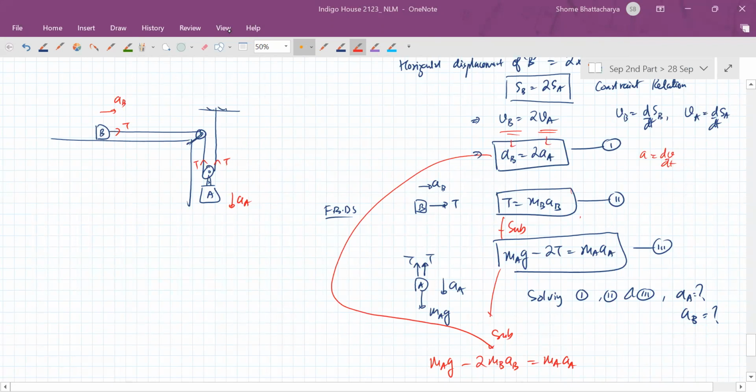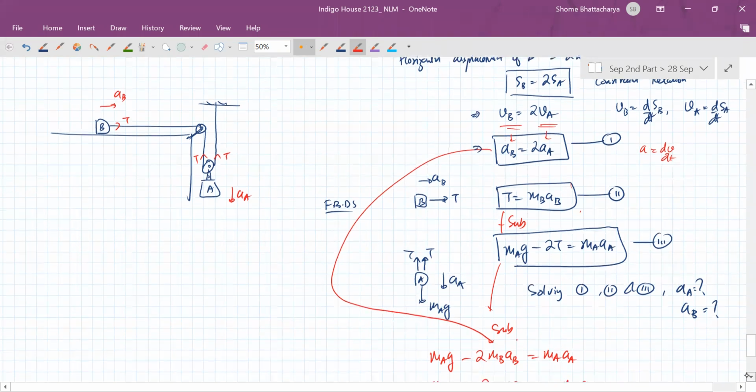So can you explain the last part? Which part, beta? Sir, that's the substitution. I've written the substitution very clearly. See, in the second equation, the value of T, what we have done is substituted it in the third equation. So replace T with mB into aB. So see, we got this equation now. Understood now? Yes. Can you scroll down?